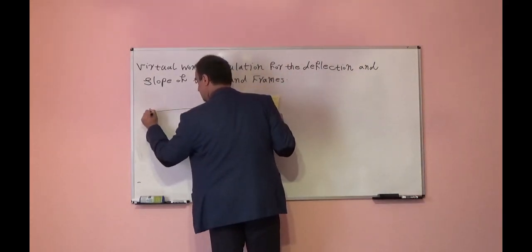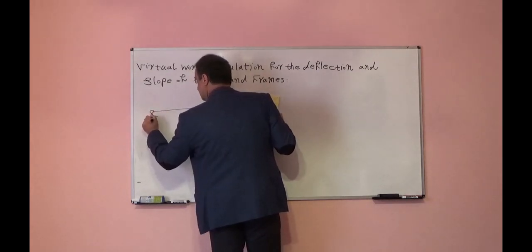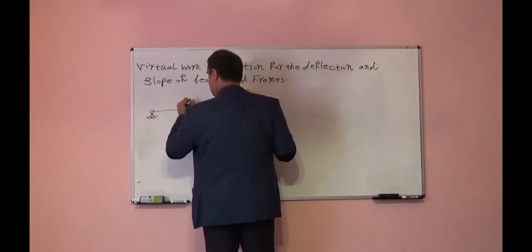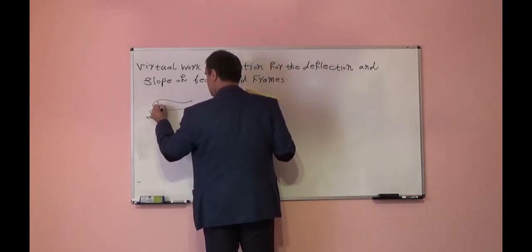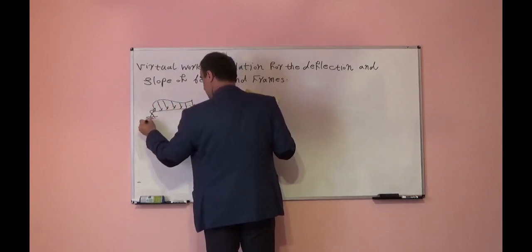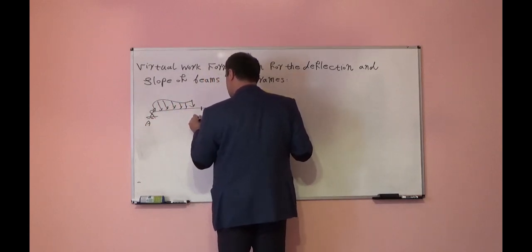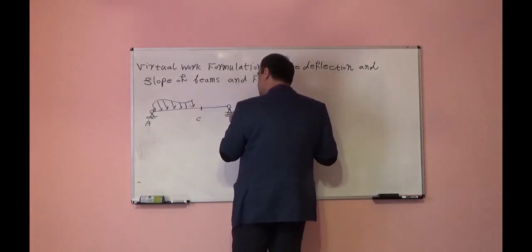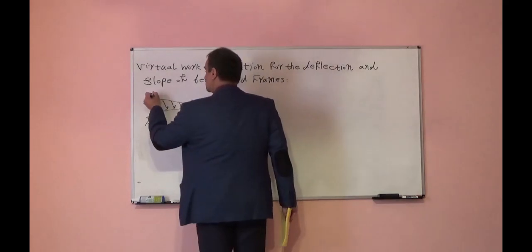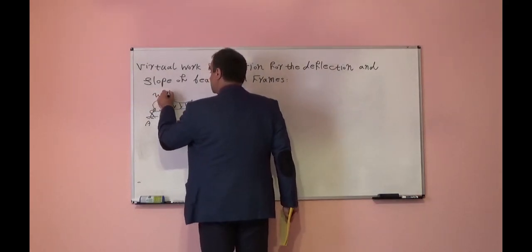Assume we have one beam, a simply supported beam. This beam is subjected to external load, any type of external load, something like this. Point A, for example point C, point B, and this is our external load, which can be a function of x.